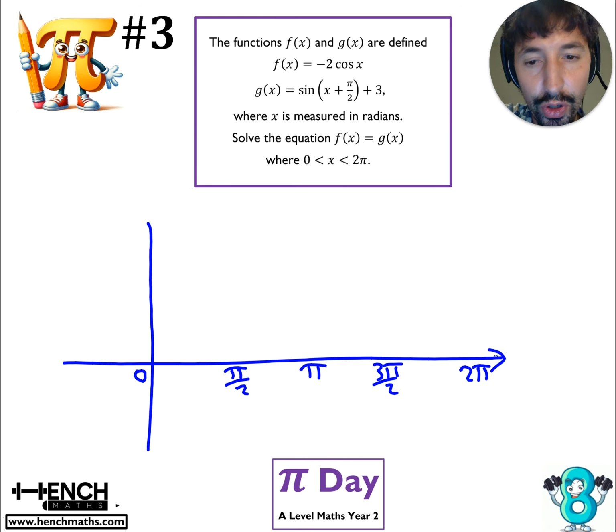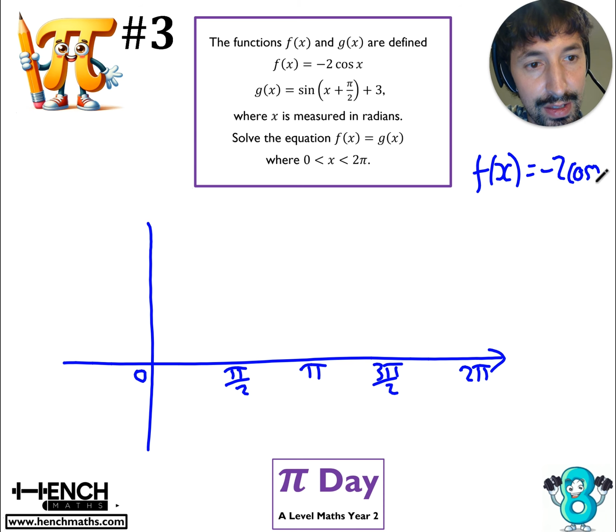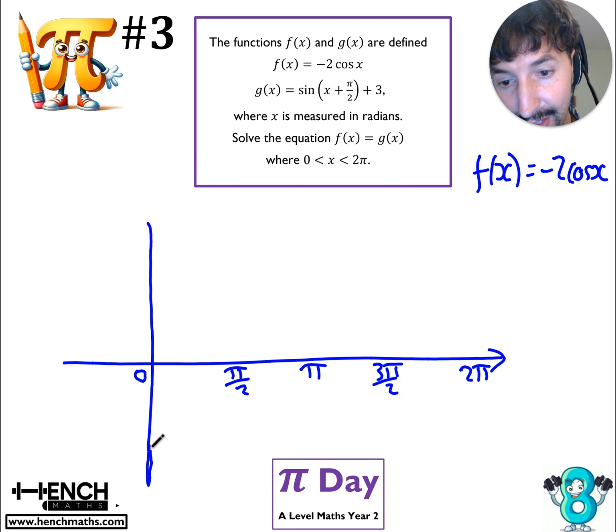So negative 2 cos x. f of x is negative 2 cos x. If you think about graph transformations, that's negative 2 times what cos x would be. Cos x normally starts at 1, comes down through pi over 2, and then you get a full cycle like this. So we're going to multiply everything by negative 2.